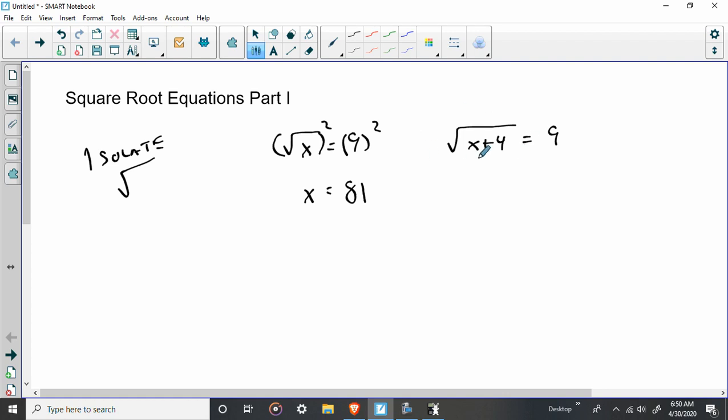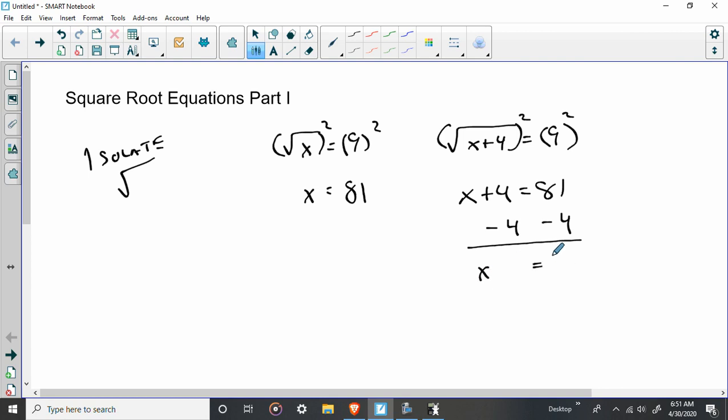Once we have just the square root, all we need to do is square both sides. Do yourself a favor, put them inside parentheses. Even though there's an x plus 4 in here, the square and the square root still undo each other. You get x plus 4 is equal to 81, and now we're back to just a regular, plain old linear problem. I'm going to subtract 4 from both sides. You can't subtract that 4 until you've gotten rid of the square root, okay?